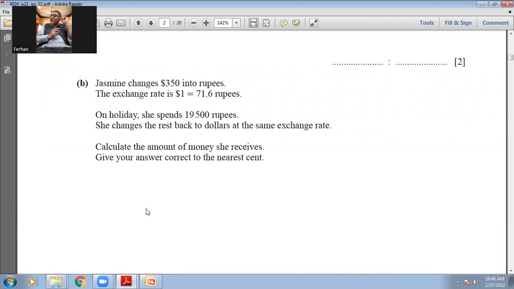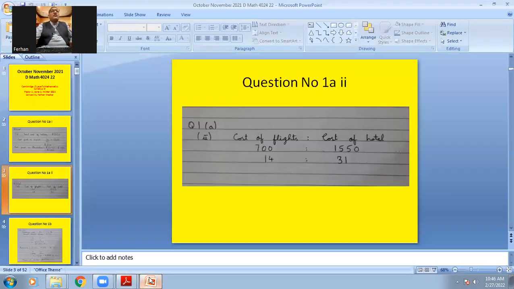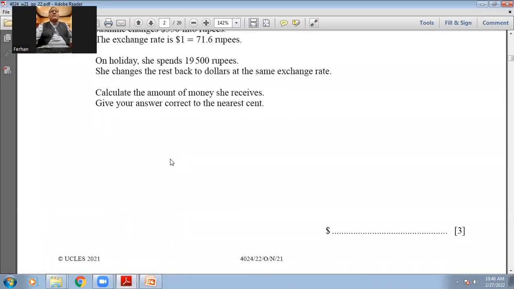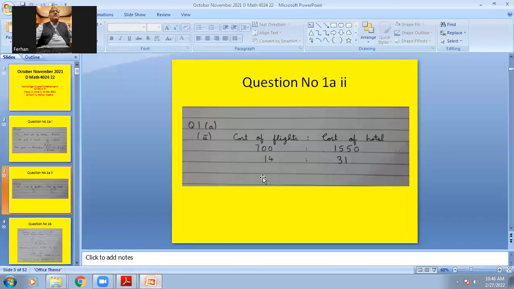Then she spent 19,500 rupees. So whatever is the money in rupees you got from there, subtract 19,500 rupees, and then convert the remaining money back to dollars by using the same exchange rate. It's a 3-mark question. So let me show you.